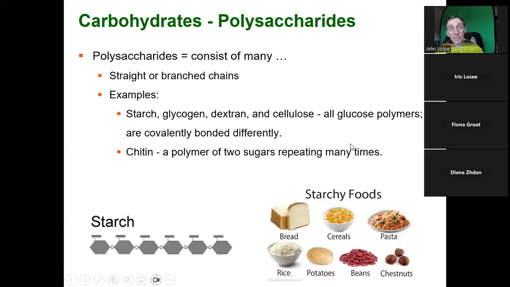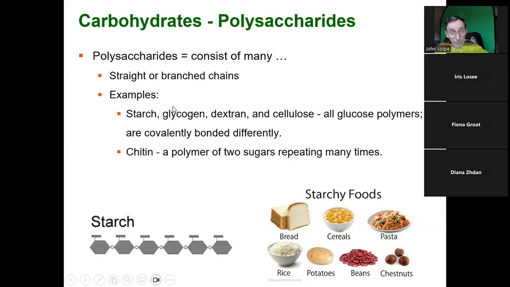You should know that the polysaccharides are the complex carbohydrates. Polysaccharides consist of many monomers. They can be straight or branch chains. Starch is mostly a straight chain of glucose hooked together one after the other in a linear chain to make the starch. Glycogen is similar to starch.